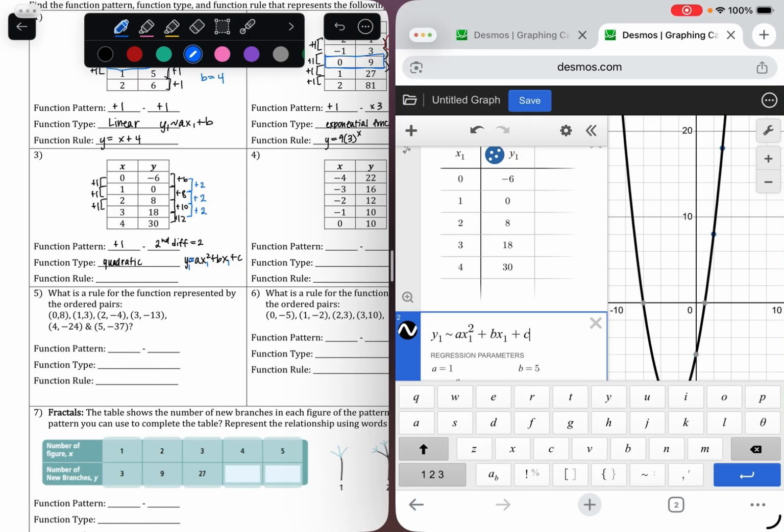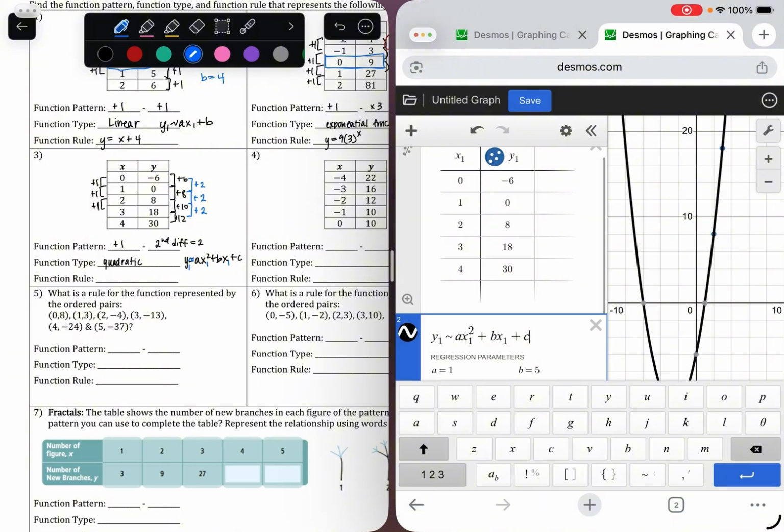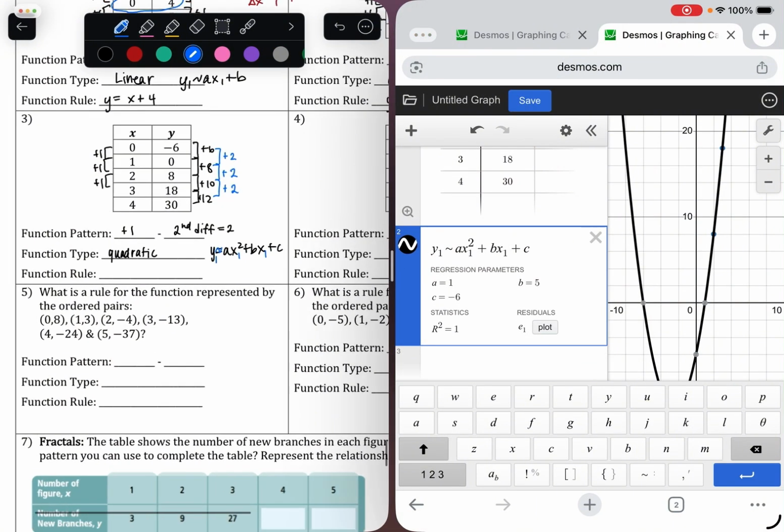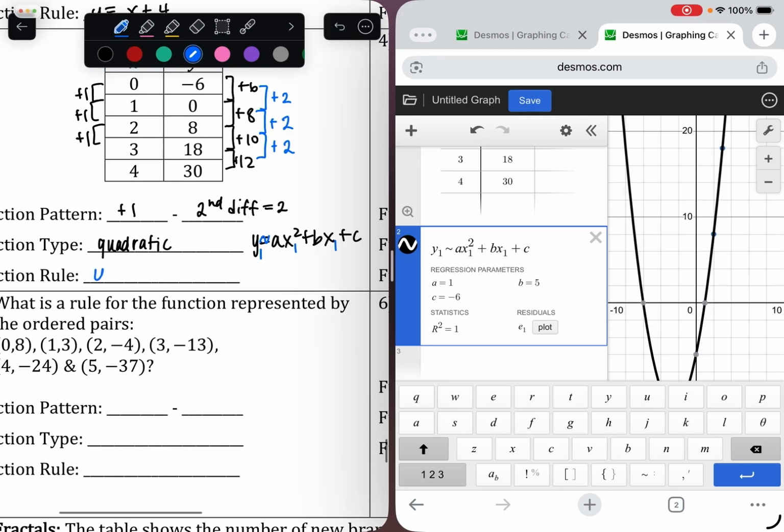So just adding 1s to your x and y, so we're referring to the table and using a tilde. So here I see a is 1, b is 5, and c is -6. So y equals 1x squared, which we leave the 1 invisible, plus 5x minus 6. Since a is 1, b is 5, and c is -6.